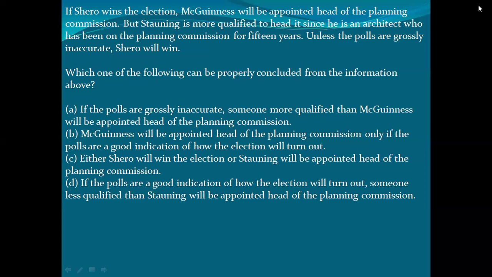If the polls are inaccurate, in that case Shero will not win. And the assumption is that if Shero will not win, then McGuinness will not be appointed head of the Planning Commission, in which case Stoning will be appointed head of the Planning Commission.